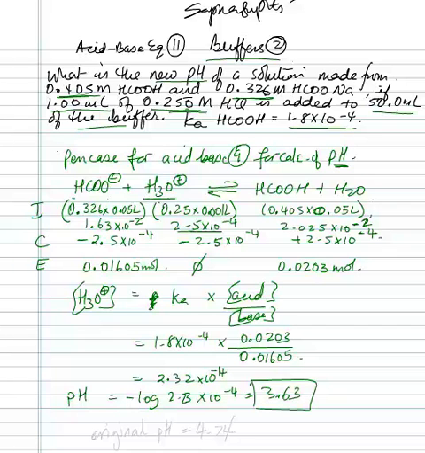So that's the new pH. The original pH, if you want to look in the pencast, was 4.74. So the pH did not change that much, if you think about it. That's the property of buffers anyway, that the pH doesn't change much if you add a little acid or base.